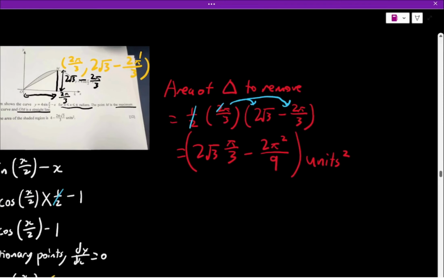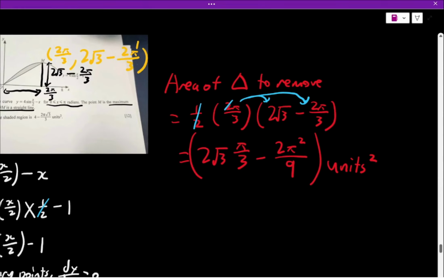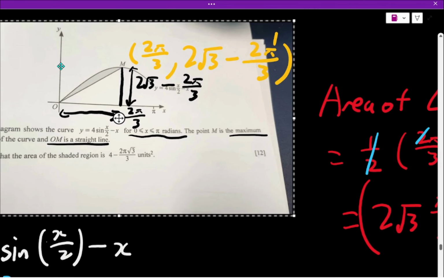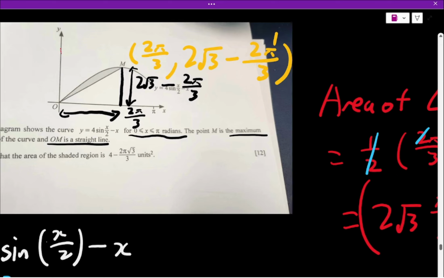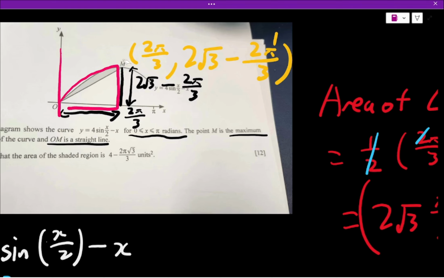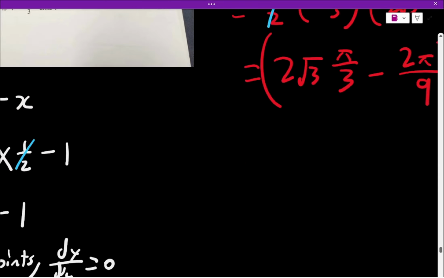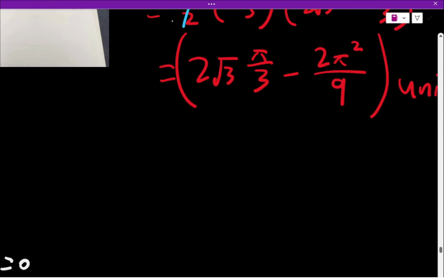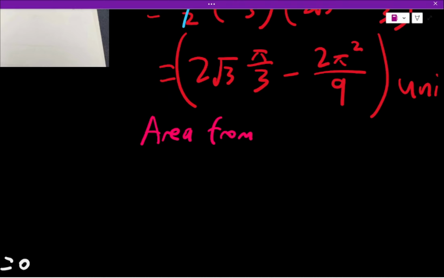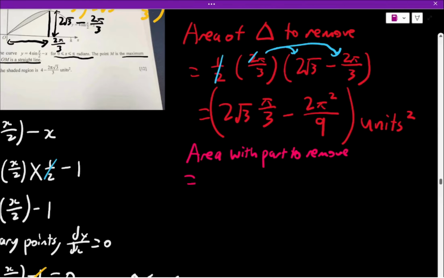Okay. Now the next thing to do is to integrate from here to here, because we want to find this region right here. So let's find the area. Okay, this is going to be the integral.